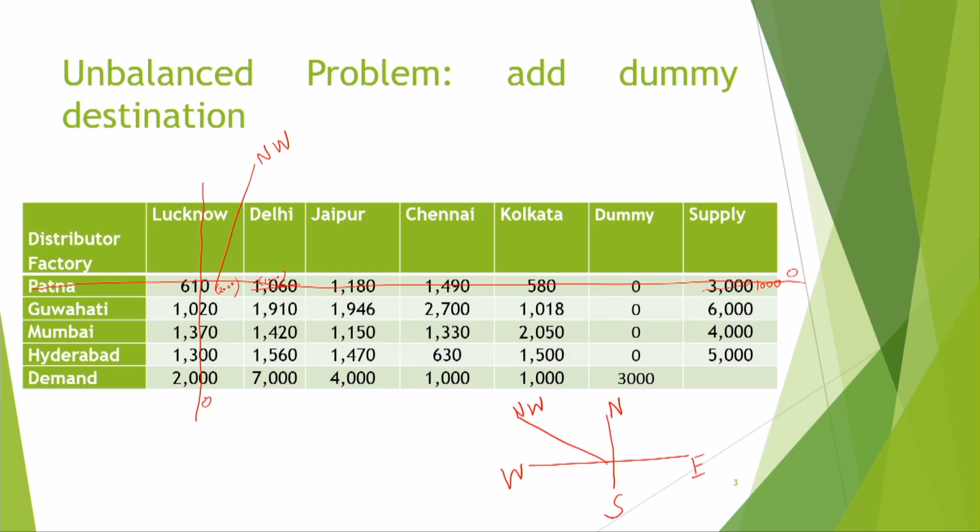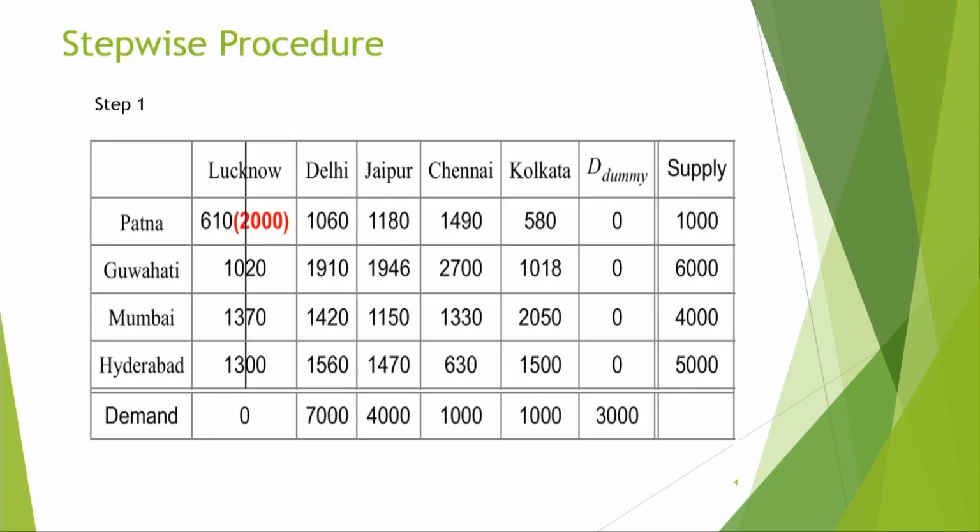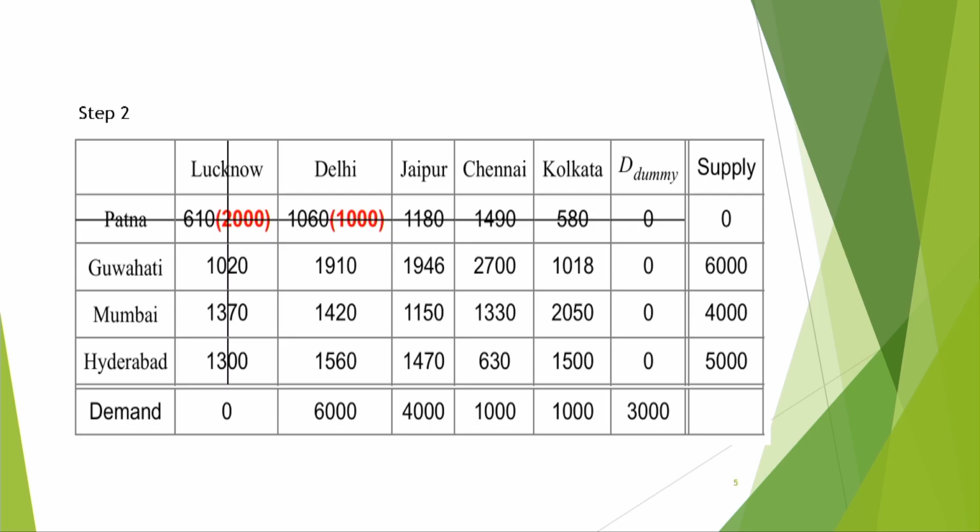Let us go slowly and see what I am doing. I assigned 2,000 to the Patna Lucknow cell, and since Lucknow's demand is totally fulfilled, that demand is now 0, other demands remain the same, and this is struck off. Now step 2.